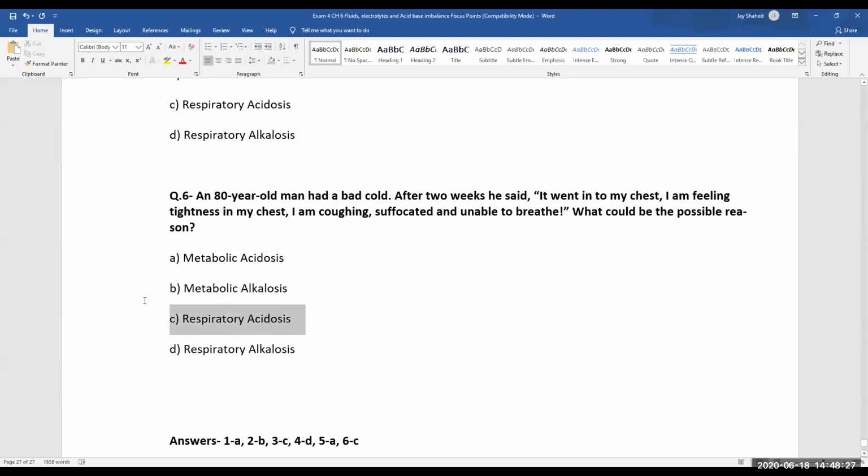Because you're holding on to too much CO2, so that could cause feelings of suffocation. You're holding on to too much CO2 in the body. So when you're unable to breathe, you're going to keep all the CO2 inside. So you're going to be acidotic. And it's breathing, so it's respiratory acidosis. Correct.